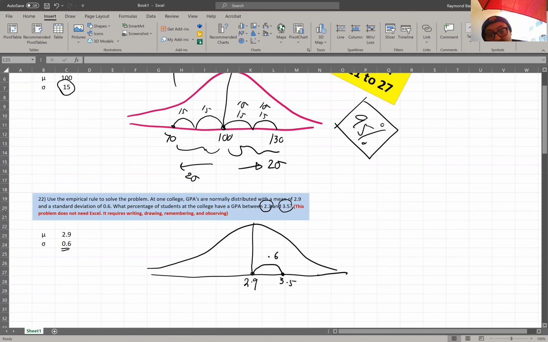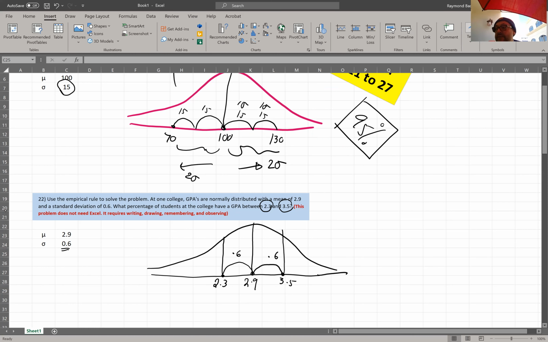So if I go one standard deviation to the left, 2.9 minus 0.6 is 2.3. And that's how you could capture the empirical rule here.